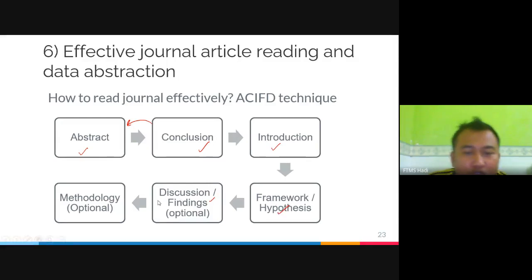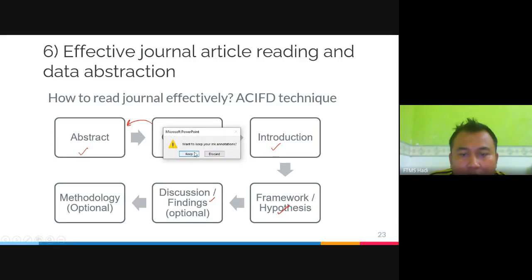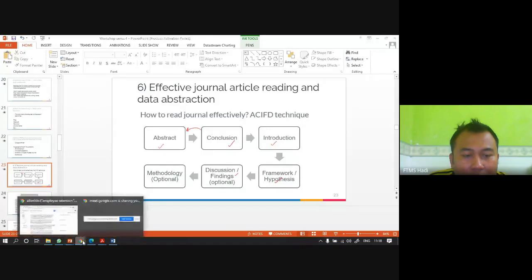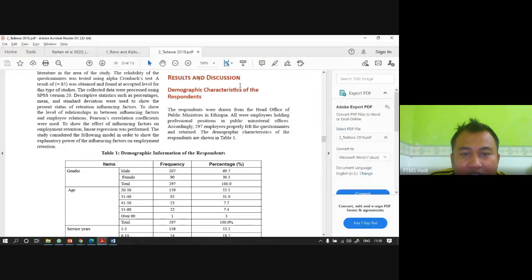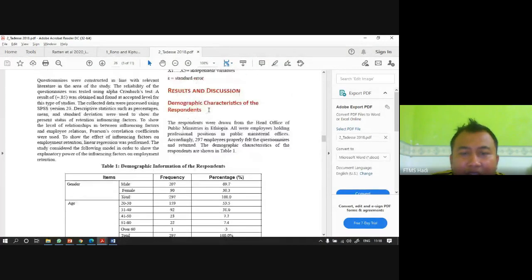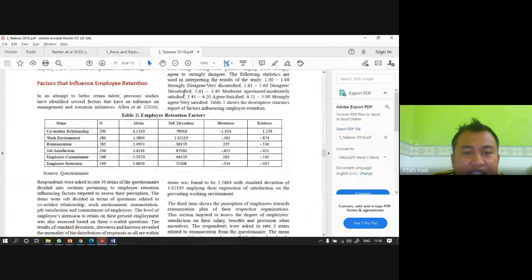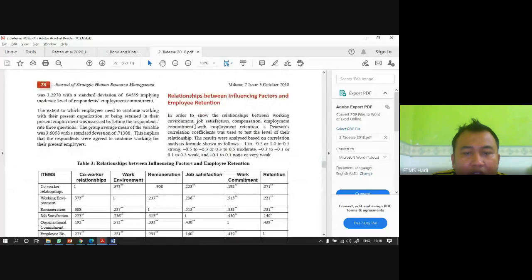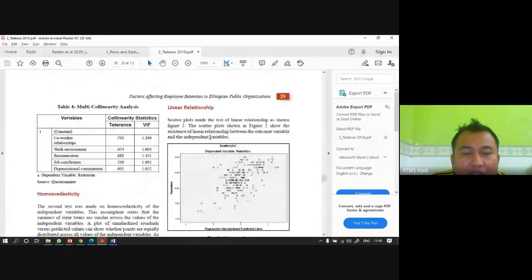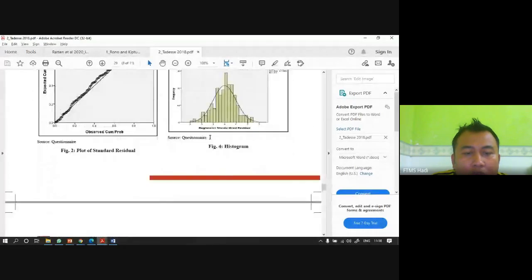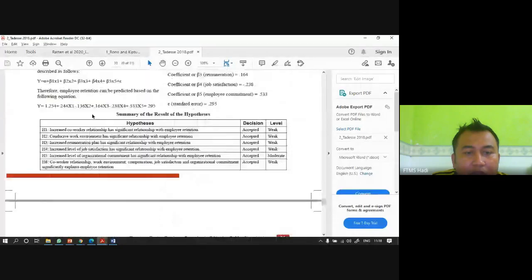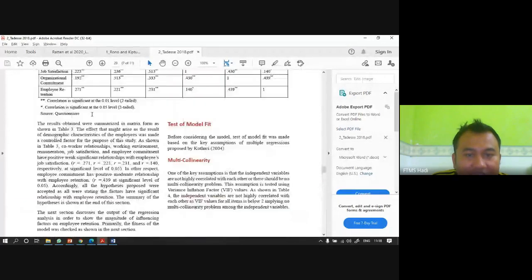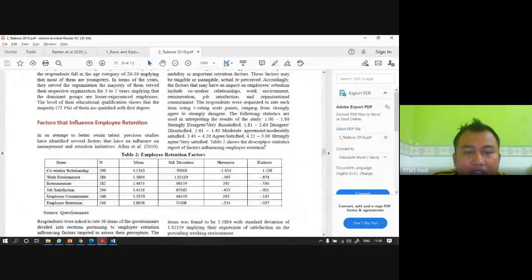Once you have read the framework and hypothesis and identified your IV and your DV, look at the discussion. Discussion is usually in the findings section, result and discussion. Usually I don't read much of the result. I am usually interested in the discussion, because there the author explains the result by comparing with what other authors say. Sometimes I just have a look at the discussion part.